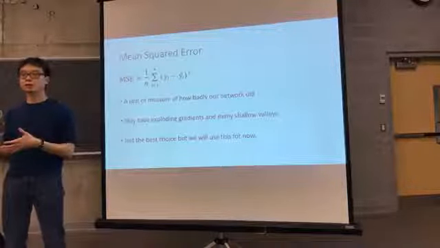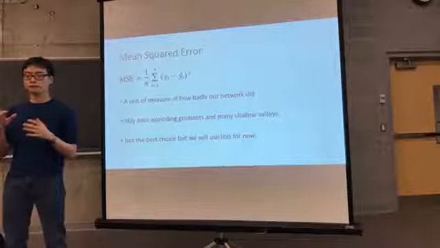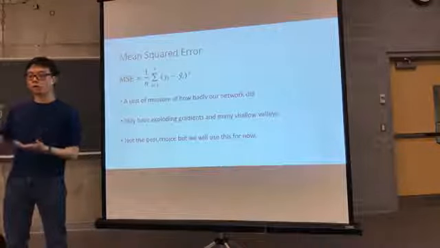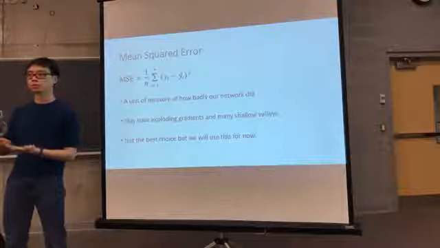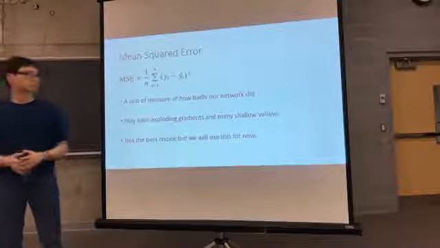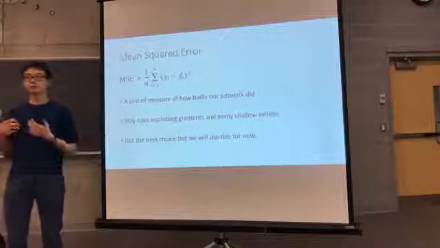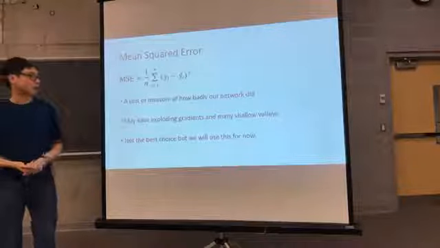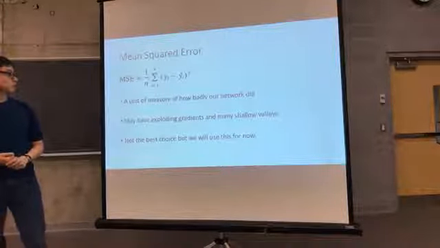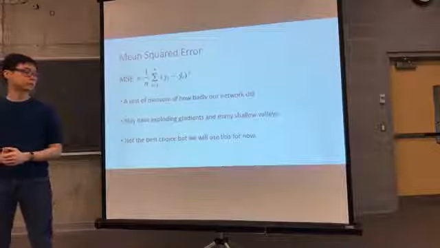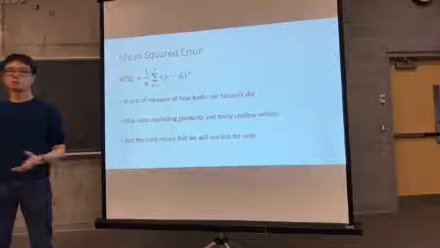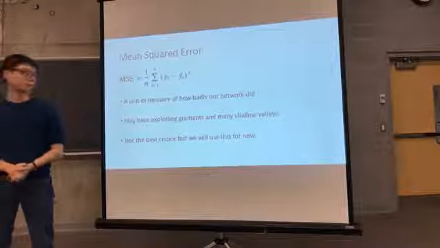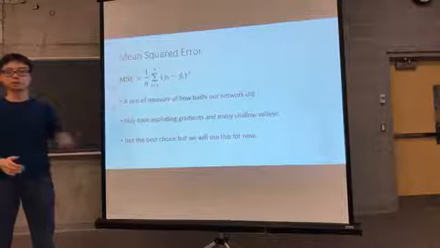If we sum it up, that would be the least squares, or our total error, and we divide it by n, which would be the average error that we make. This is why it's called the mean squared error. In a nutshell, it's a measure of how badly our network did. Maybe it did really bad, maybe it did okay. We're not entirely sure, but we can use this equation.